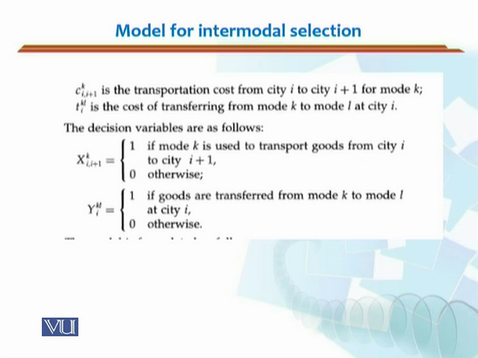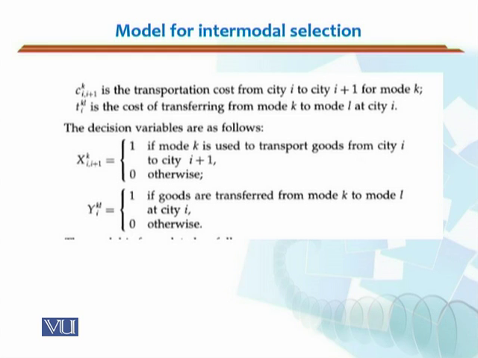So when you are switching the mode from k to, let's say, mode l, from truck to, let's say, rail at some city i, the cost of transferring would be Tikl.